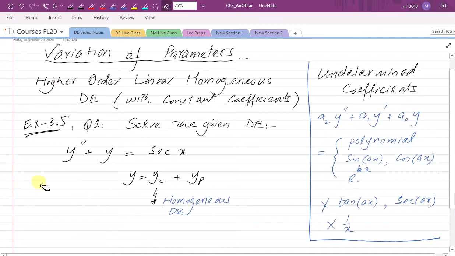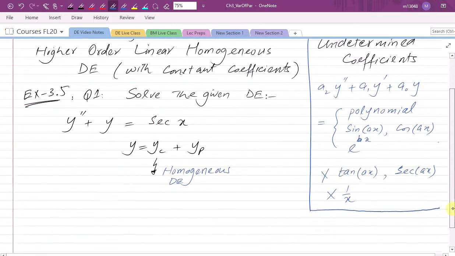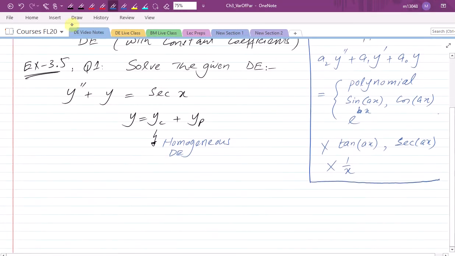For yc, we do exactly the same as we did in undetermined coefficients. Y double prime plus y equals 0. We write our auxiliary equation. Please be very careful, as I have mentioned already in undetermined coefficients, do not put an m for y.